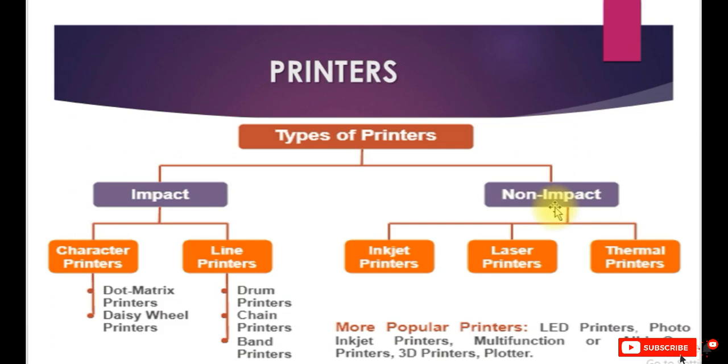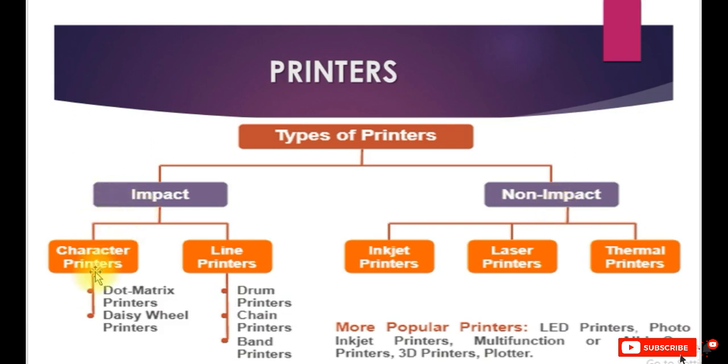So, when you look at an impact printer, it is that you have the print mechanism that actually makes physical contact with the print media. So the print media would be the ribbon and the paper. With a non-impact printer, there is no physical contact between the mechanism that is doing the printing and the media, and in this case, the paper.